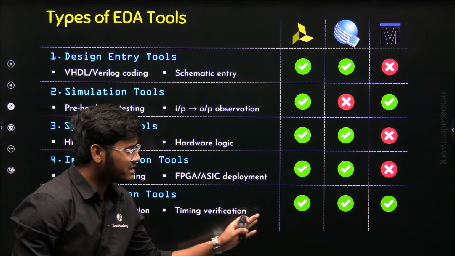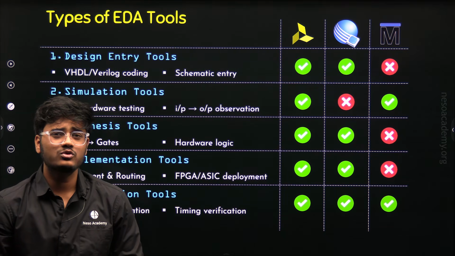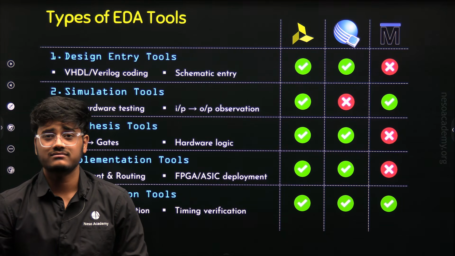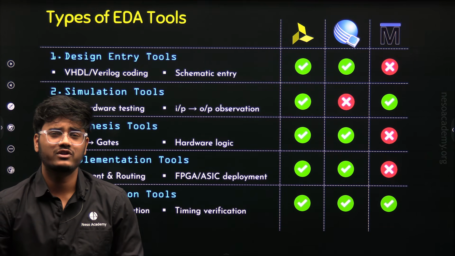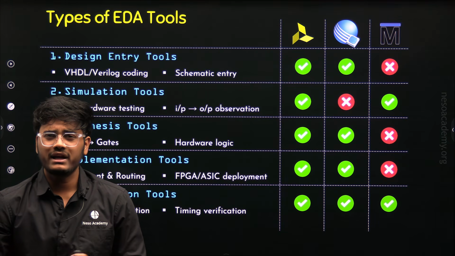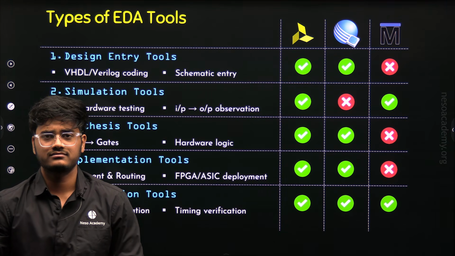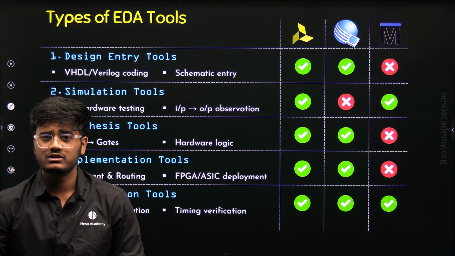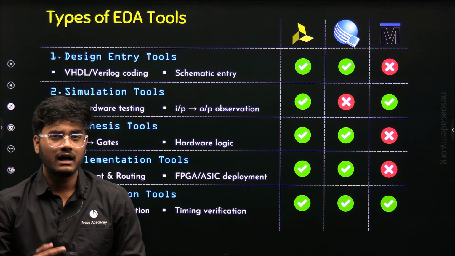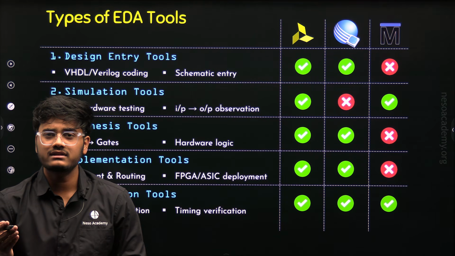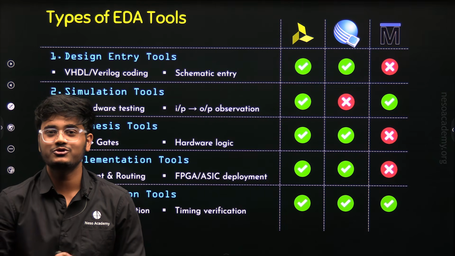Apart from these three tools, we have multiple more software. Different tools are designed with different focus. Some are better for simulation, some for synthesis, and some for implementation. Based on the requirements, engineers may use different tools. But for this course, we need a tool that supports VHDL coding, allows simulation, synthesis, and implementation, and it should be easy to use.